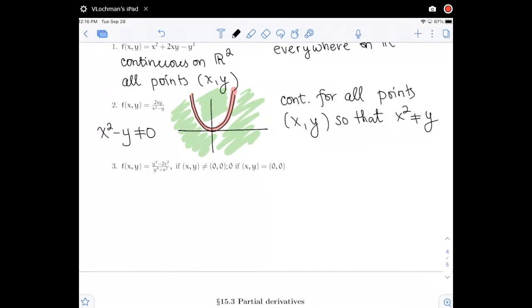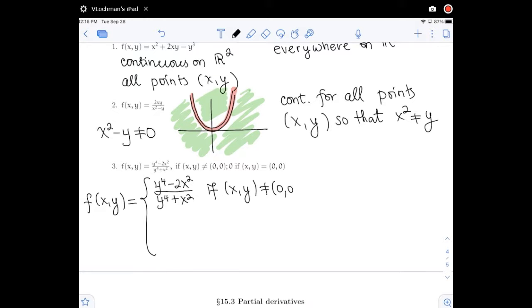So let me rewrite it in piecewise notation. f of x, y is this rational expression that we actually just worked with a few minutes ago, with y to the fourth power plus x squared on the bottom, if x and y are not both 0.